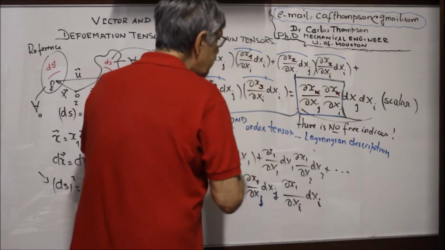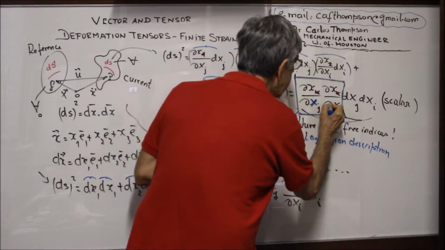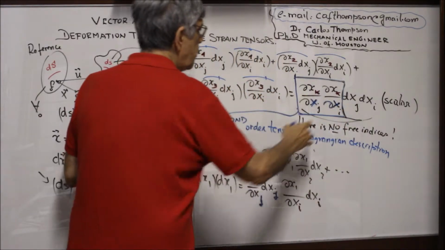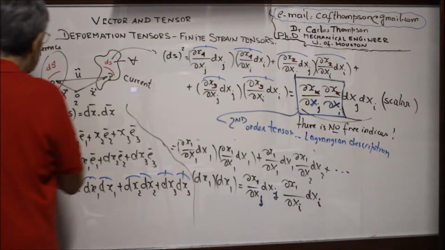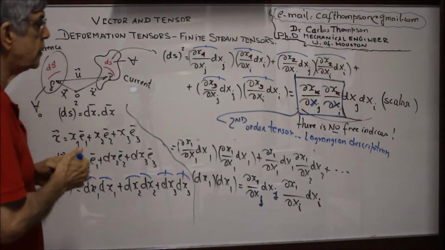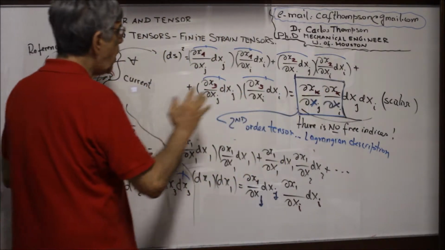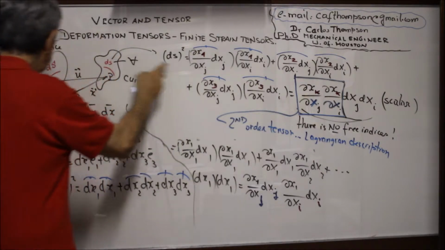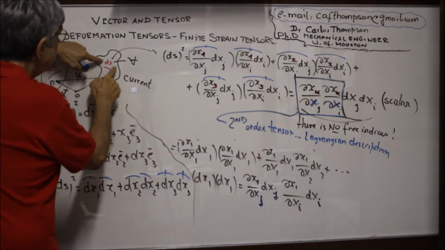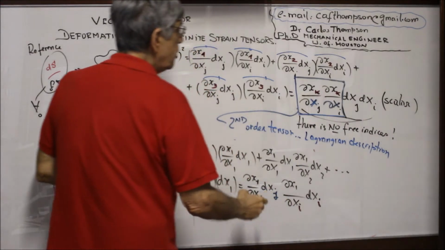Why Lagrangian description? Because you see the variation with respect to the position vector related to the reference, or the undeformed configuration. This is a second order tensor. Deformation, why deformation? Because we had ds here, capital S, and this is small d. Thus, this is a deformation tensor.